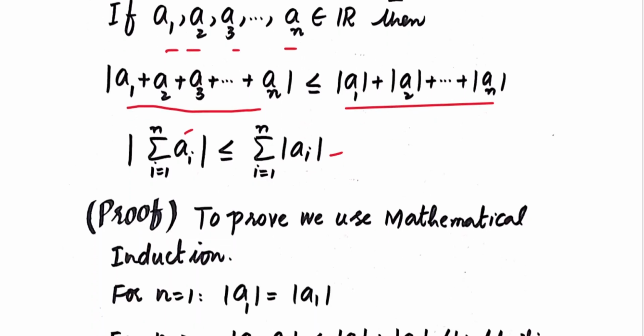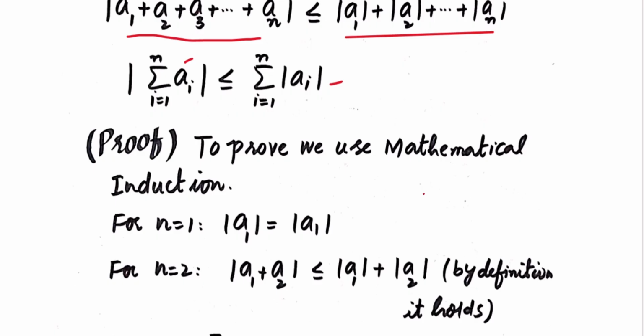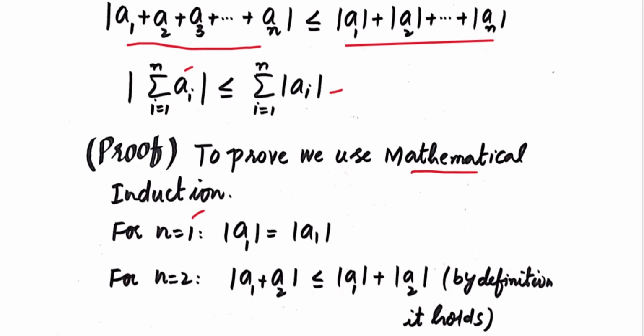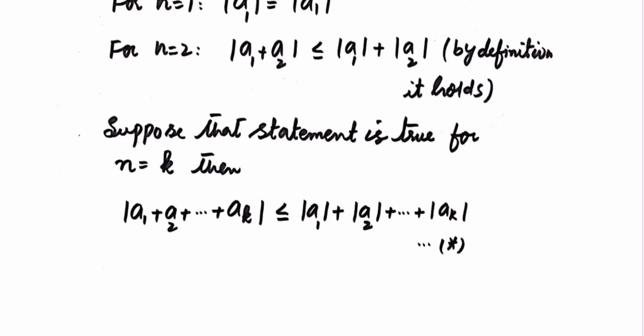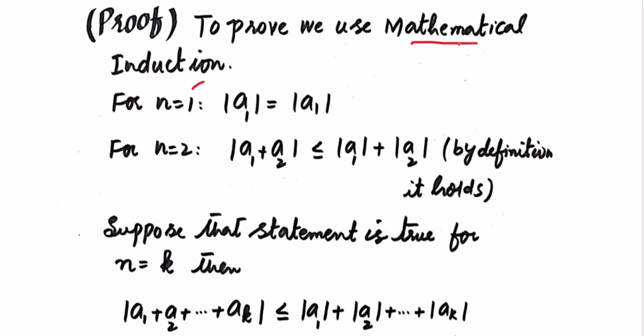To prove this inequality, I will use mathematical induction. For n = 1, we take only one value. From the left side, this is |a1|, and from the right side, this is also |a1|. So for n = 1, this is just |a1| = |a1|.